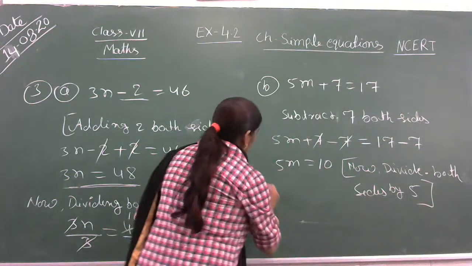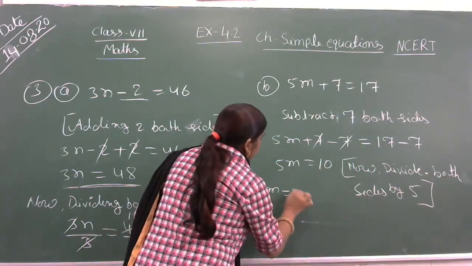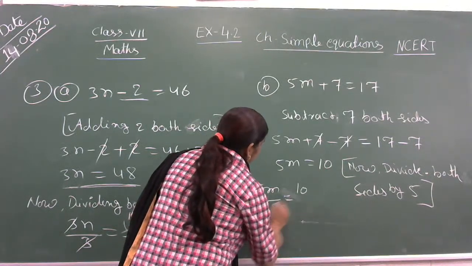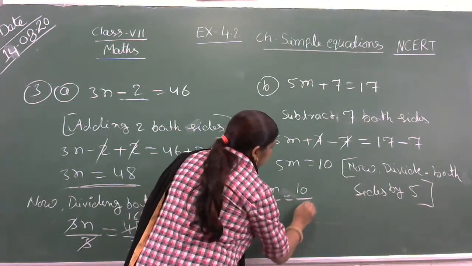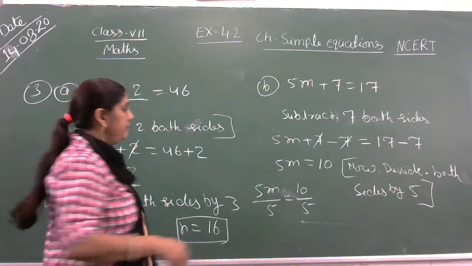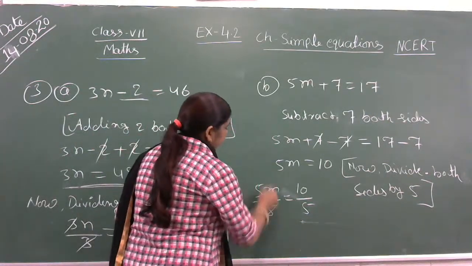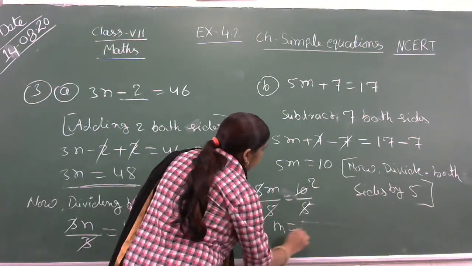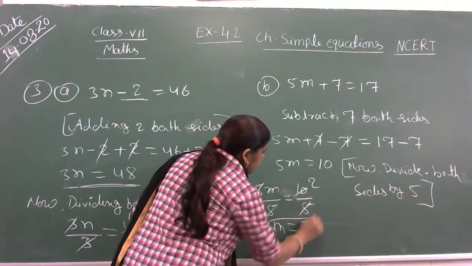Okay, so 5n is equal to 10, divided by 5, and this side also divided by 5. 5 cancel, 10 divided by 5 is 2. n is equal to 2. This is your answer.